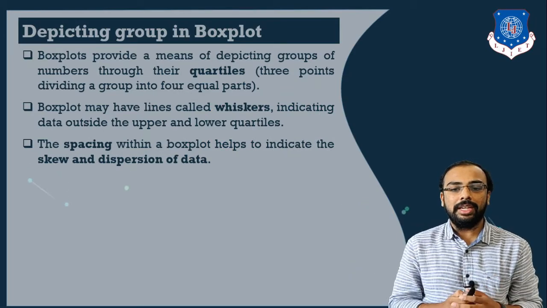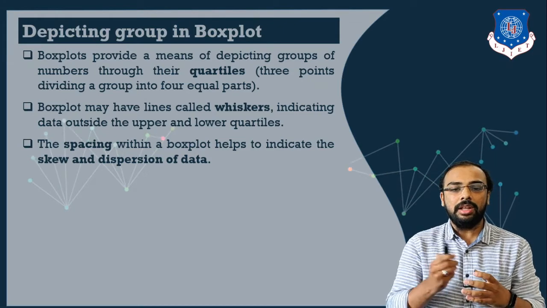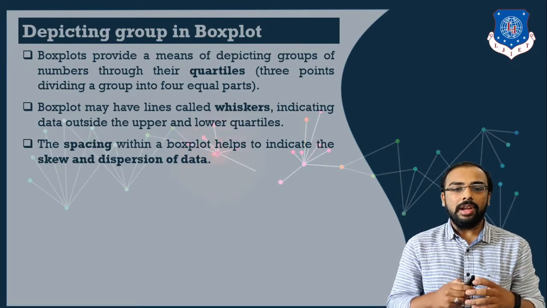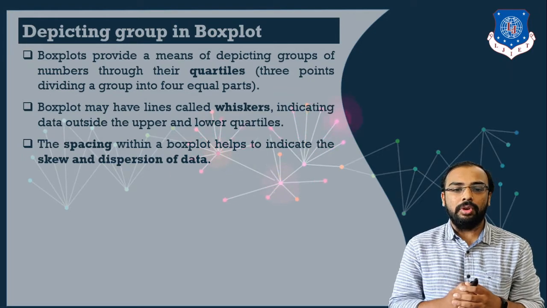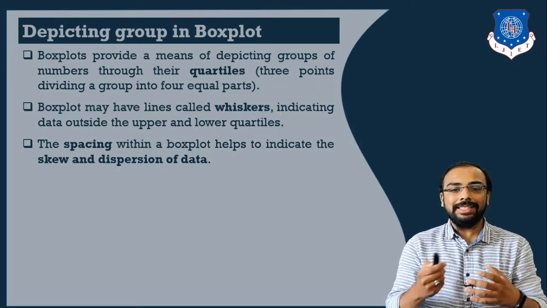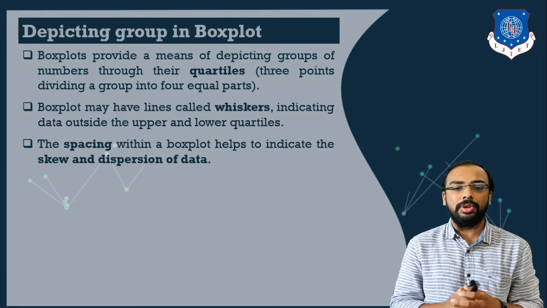What does a whisker indicate? It indicates the data which is outside the upper quartile as well as the lower quartile. Whenever we observe a box plot, there is spacing within this box plot. What does this indicate? It indicates the skewness of our data as well as the dispersion of data.